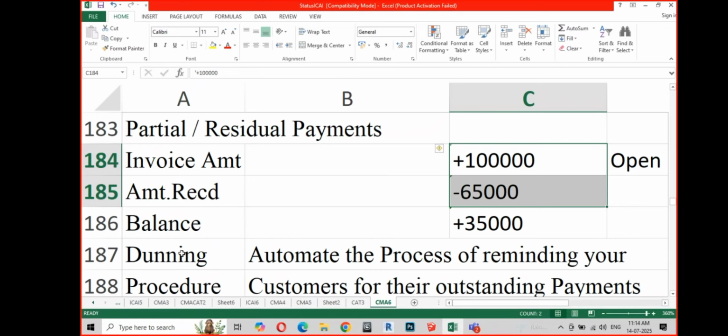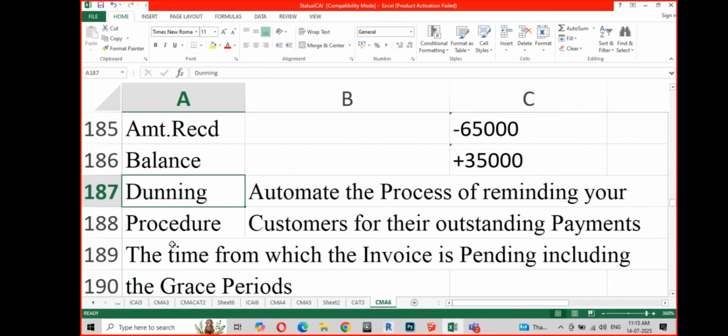Dunning. So we have an automated process, just like we had the automated process of releasing payments to the vendors. Here we have the automated concept of reminding the customers for their outstanding payments, outstanding receipts.